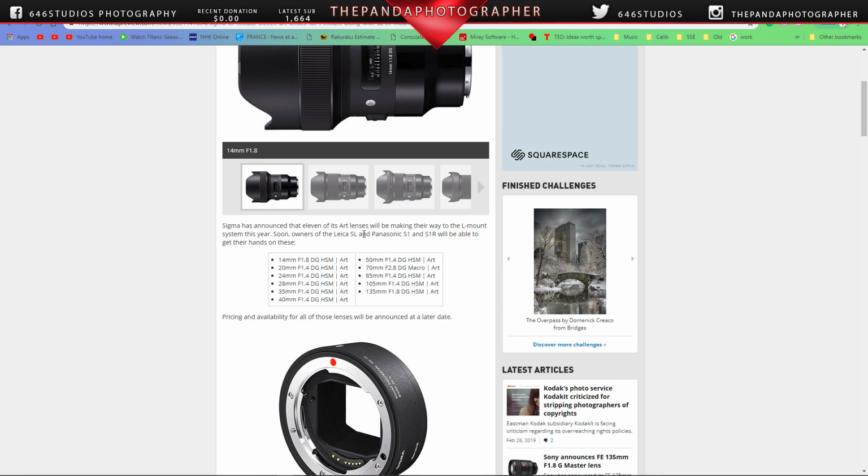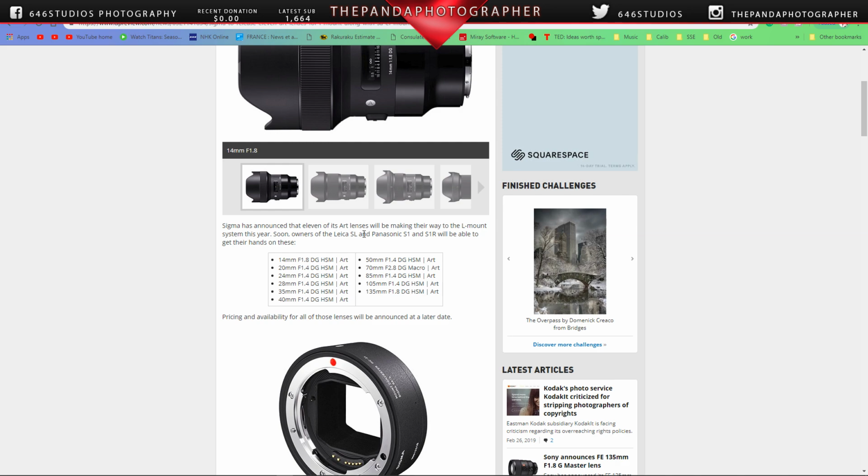They're going to be coming out with a 14mm F1.8 DG Art lens, a 20 F1.4, a 24 F1.4, a 28 F1.4, a 35 f1.4, a 40 f1.4, what?